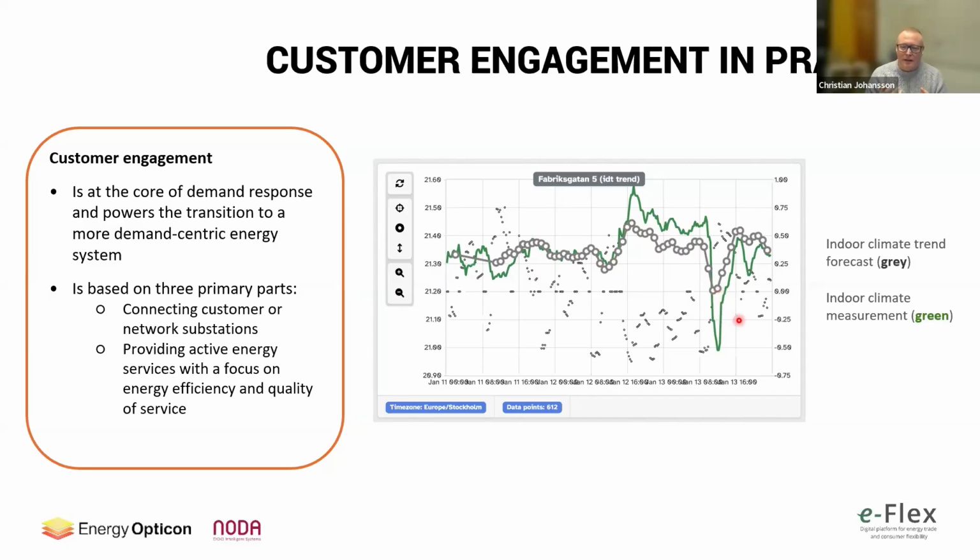It's not entirely correct, but more or less it follows the trend very well. And this is the core. If you can't do this, then you can forget about creating flexibility on a wider scale. Because if you can't automate what you're looking at here, then you can't scale things up. Then you can't replicate these things over a large group of buildings.